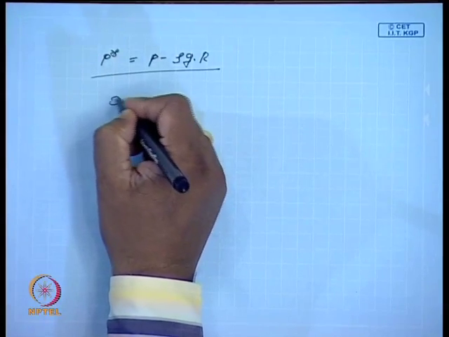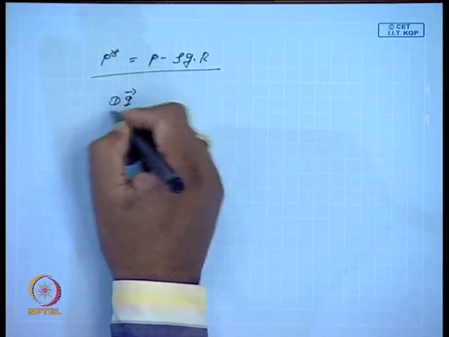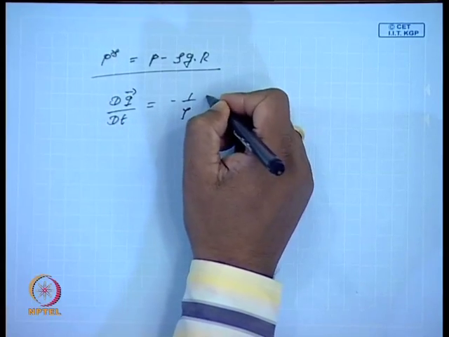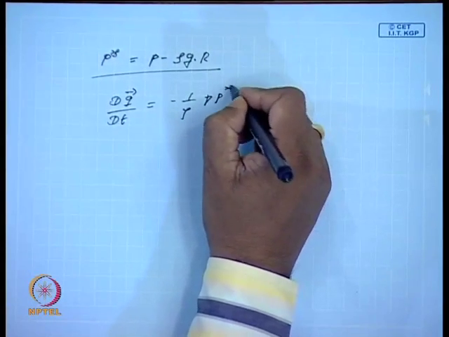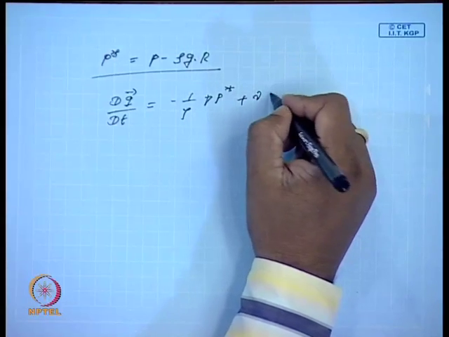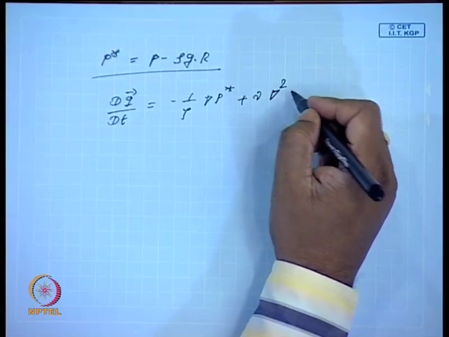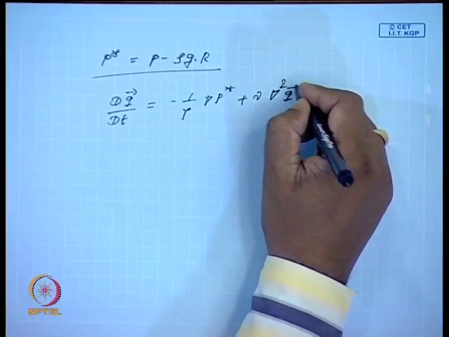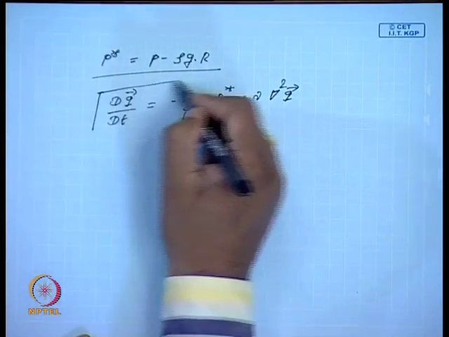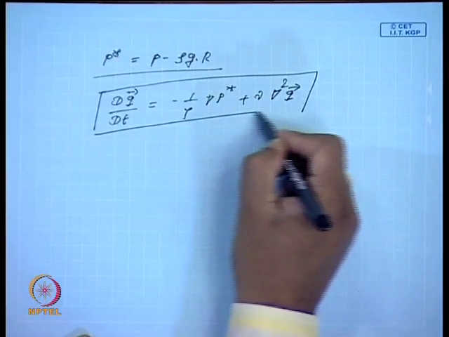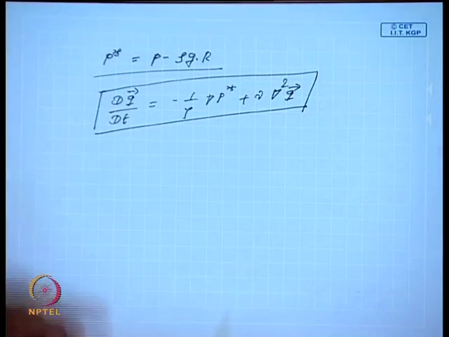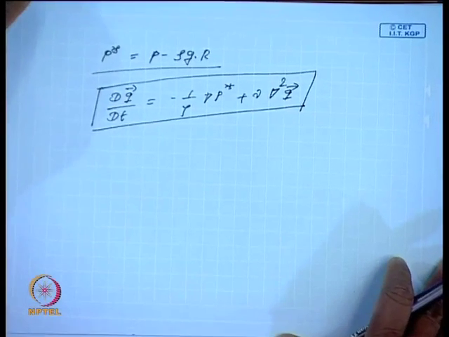Then the equation of motion can be written as D q by Dt is equal to minus 1 by rho grad P star plus nu del square q. So, this is another form of writing the same thing when the fluid is assumed to be incompressible, particularly when the flow is of constant density.